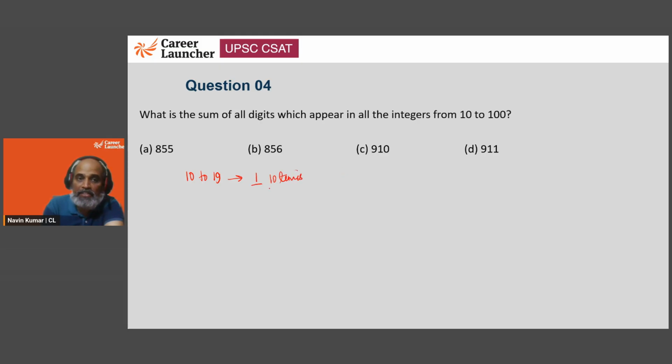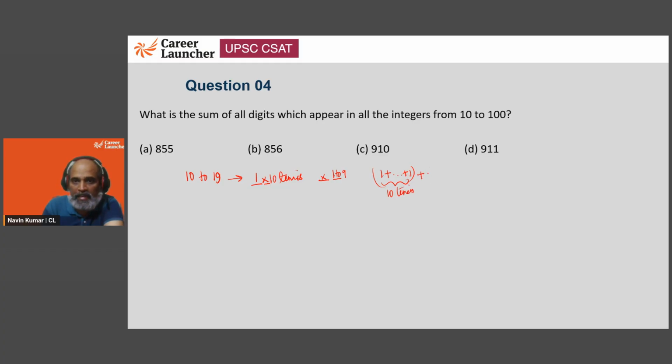And then at the units place, we have 1 to 9 written. 0 is also there, but since we have to add all the digits, 0 will not be an issue, right? So the sum of all the digits is going to be 1 is going to be written 10 times.